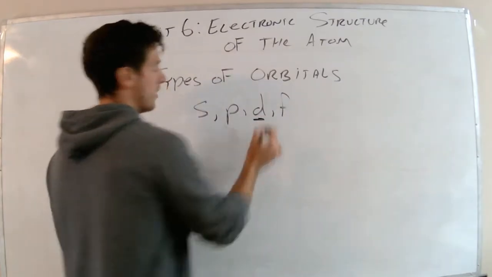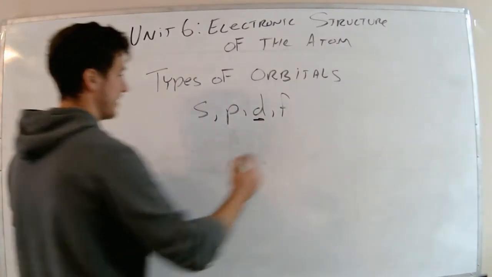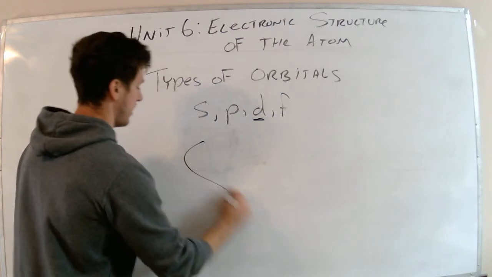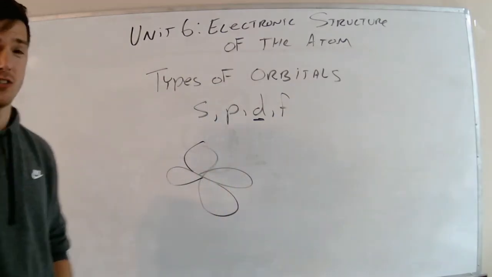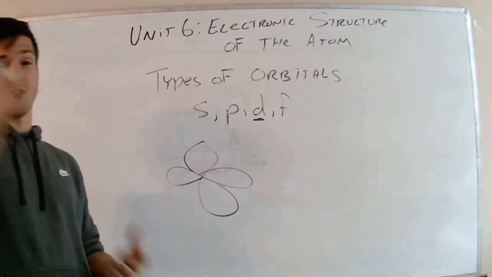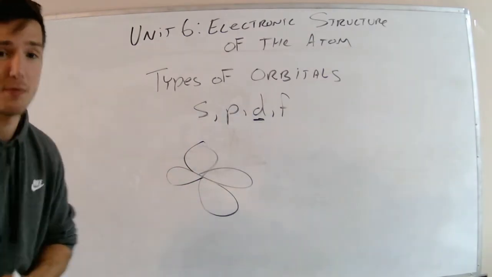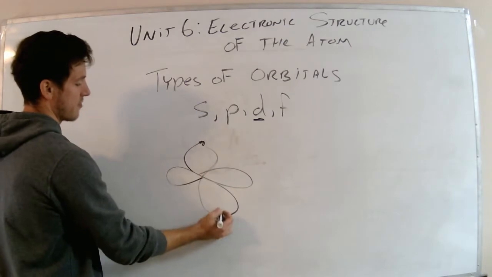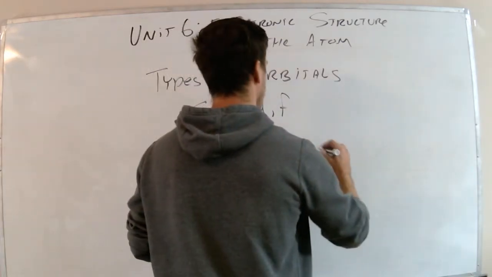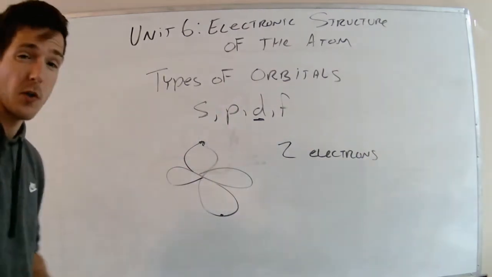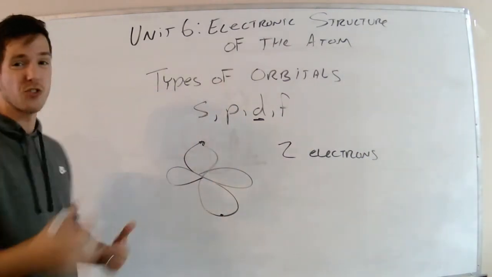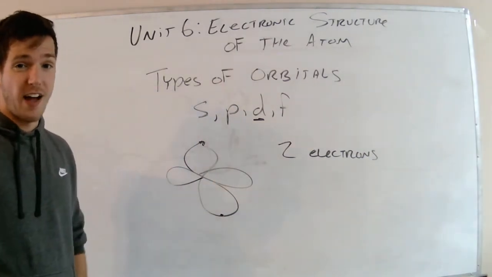So now let's talk about d orbitals, okay? We are now on to d orbitals, and they look like a dumbbell. Okay, so if you were to think of this in 3D, it'd be 4 balloons stacked on top of each other, and just like every orbital, they can only hold 2 electrons. They also have 5 orientations.